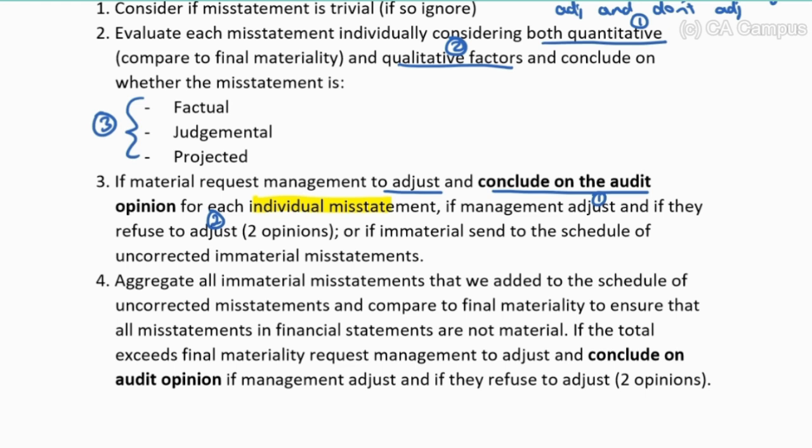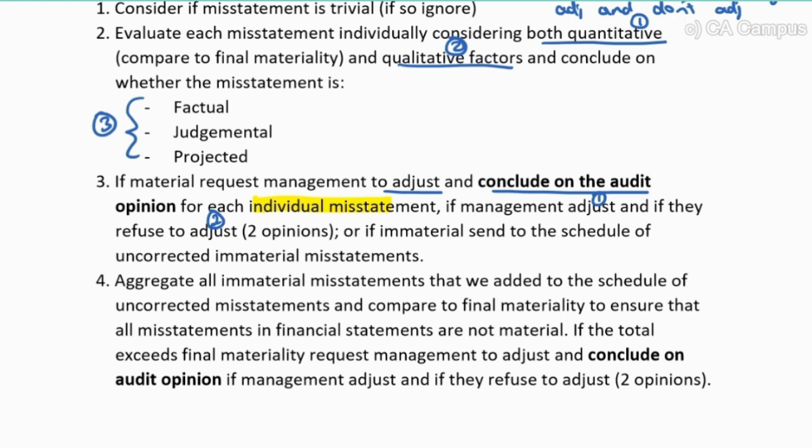So just like I've assessed each individual misstatement for being quantitative or qualitative, I now need to go and say, this one is material because it's quantitatively materially misstated. Therefore, they must make this adjustment. They must debit this, they must credit this. If they adjust, I no longer have a material misstatement, I will give an unqualified opinion.